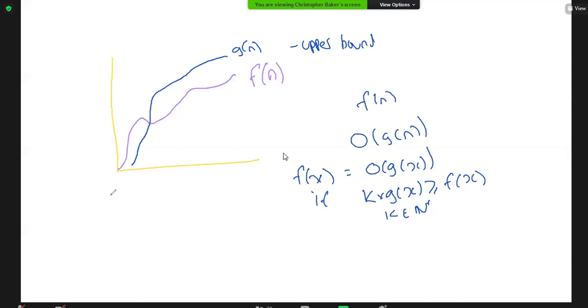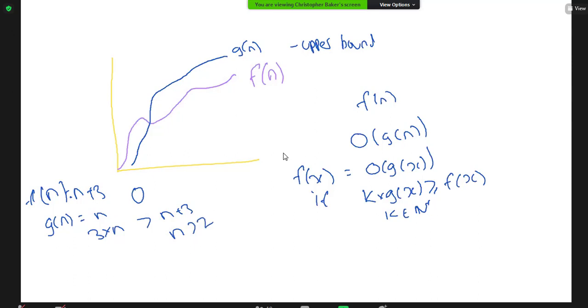For example, if I have the function f of n equal to n plus 3, I could let g of n be equal to n, because if I have 3 times n, that's going to be bigger than n plus 3 for n bigger than 2 in this case.